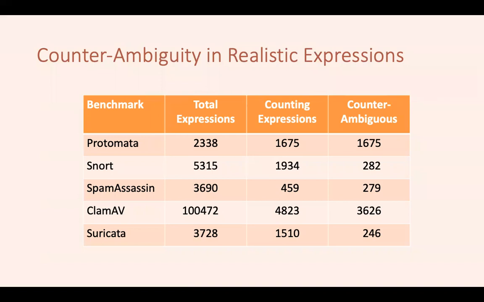Let's say there is this counting loop over here, and there might be some particular character or some state over here which has enough information that makes it not counter ambiguous, so you do not have to go as far as exploring all the possibilities here. You just need to look at what the entry points into this loop are, and that gives you enough information. This is sort of how I think about this.